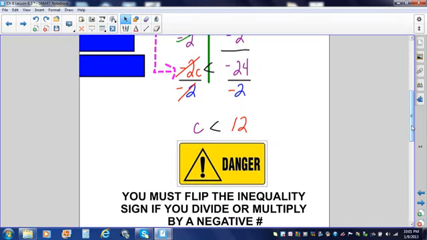So this is what the crazy math teacher says. We divided by a negative number. So I have to take this inequality sign and I have to flip it.